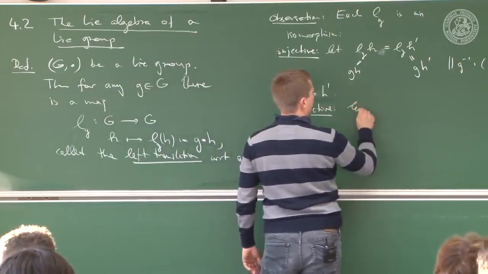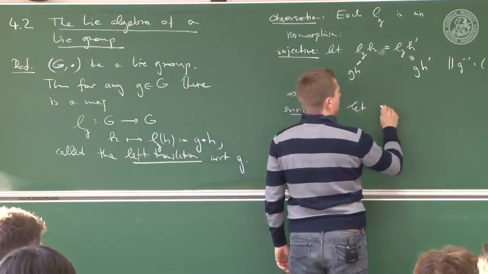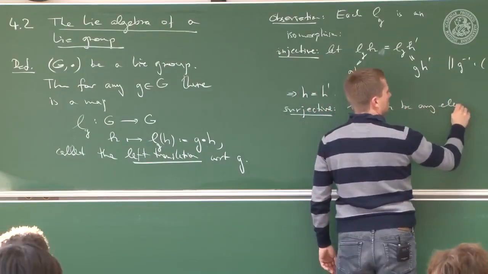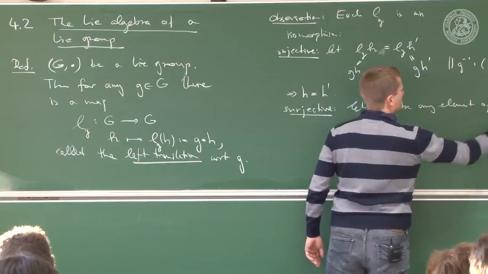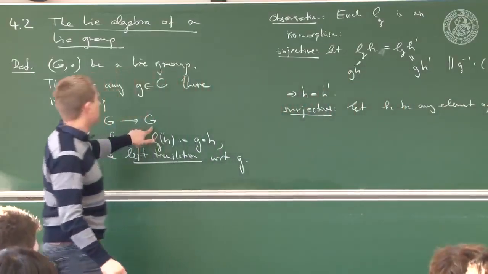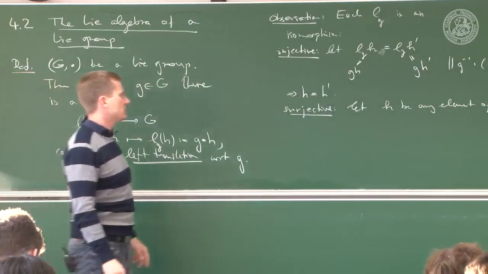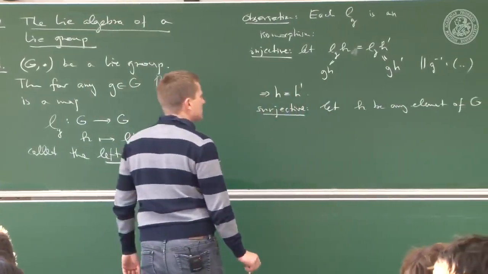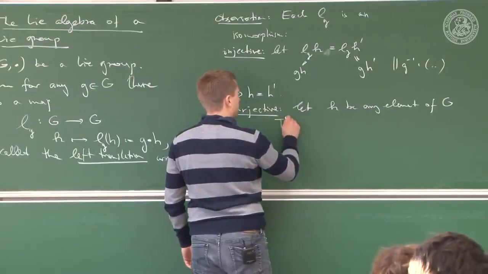So in order to check that, let H be any element of G. Well, G is the target, so let's take any element of the target. Now, why is any element of the target hit by LG?